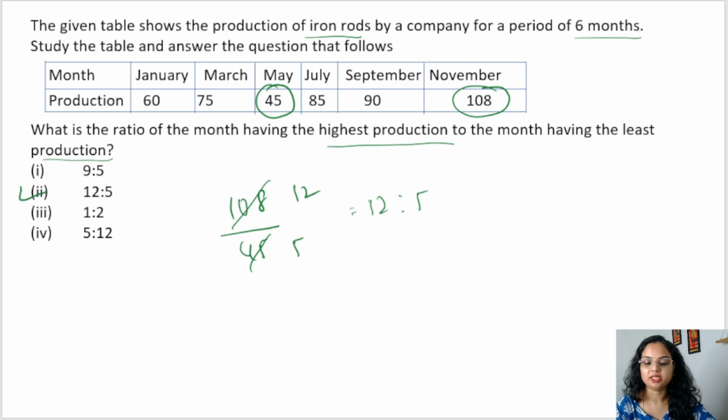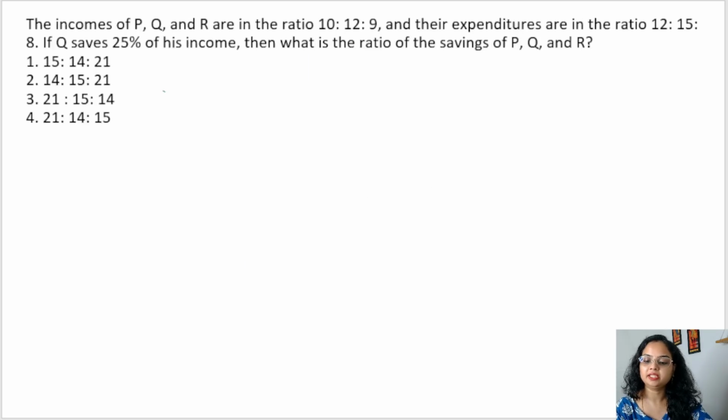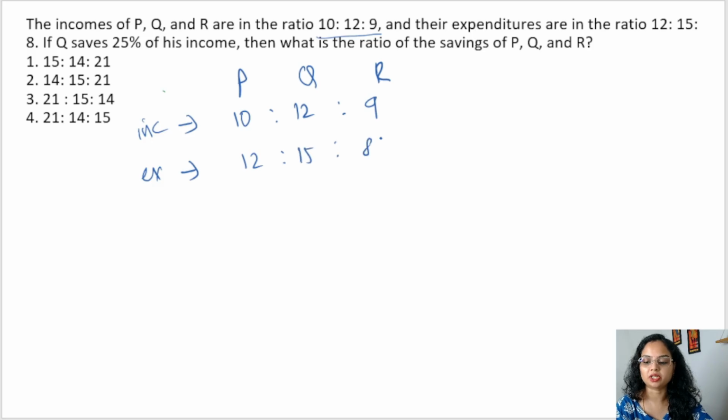Second option. Next one. The incomes of P, Q and R are in the ratio of 10 is to 12 is to 9. And their expenditures are in the ratio of 12 is to 15 is to 8.